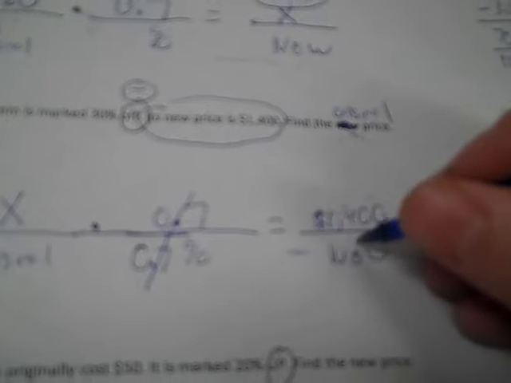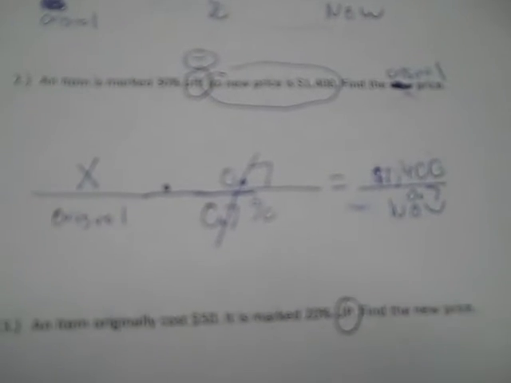Extend that line, put 0.7 below it, and those are gone. Then we have to divide the other side by 0.7. So now we have X equals 1,400 divided by 0.7, which is 2,000. So $2,000 is the original price.